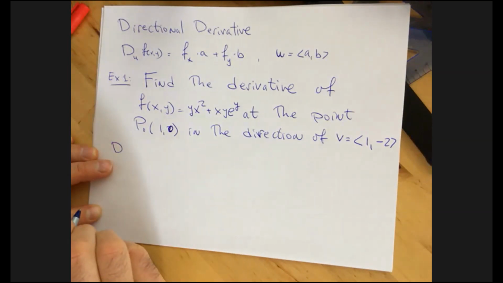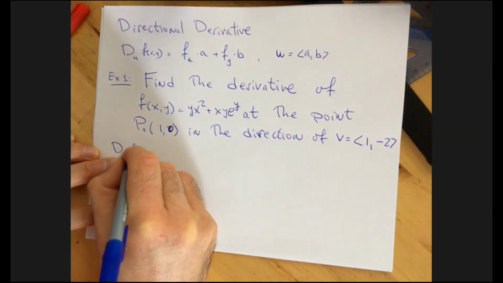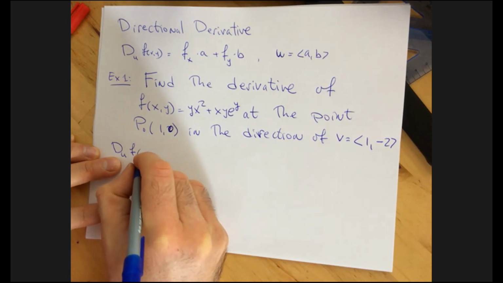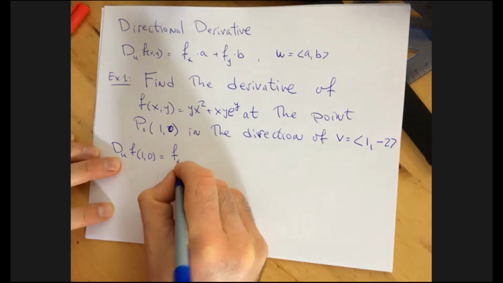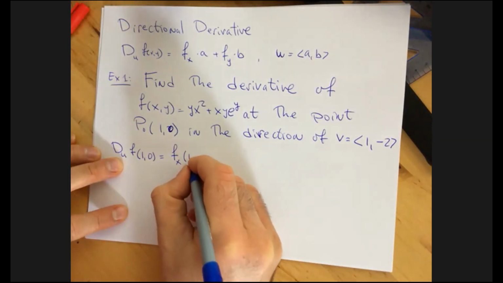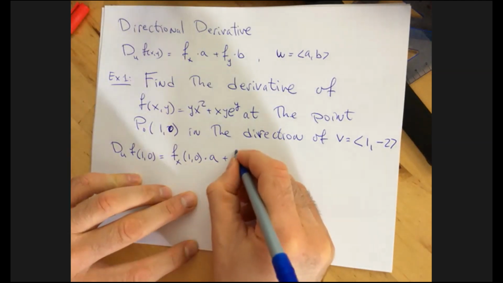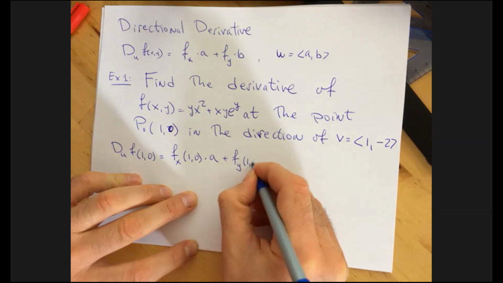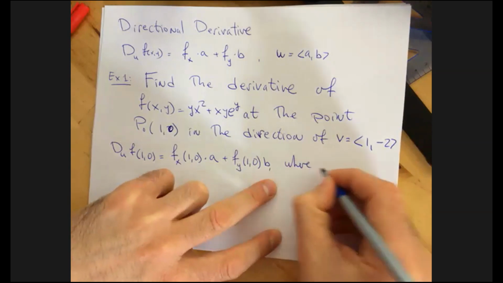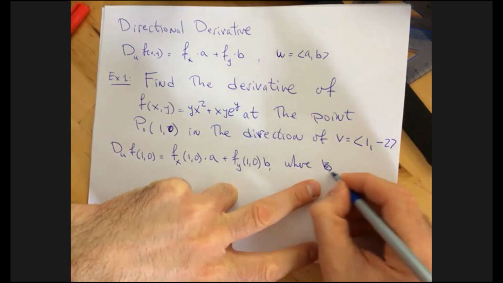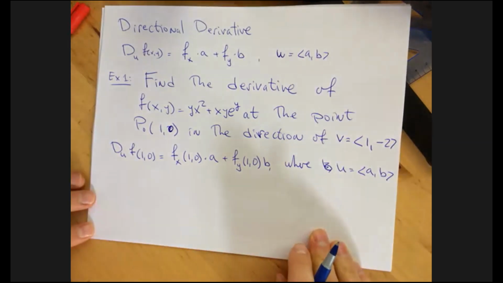So the derivative with respect to u of f evaluated at (0, 1) is equal to the partial derivative with respect to x evaluated at that point times a, plus the partial derivative with respect to y evaluated at that point times b, where the unit vector has components a, b, right?